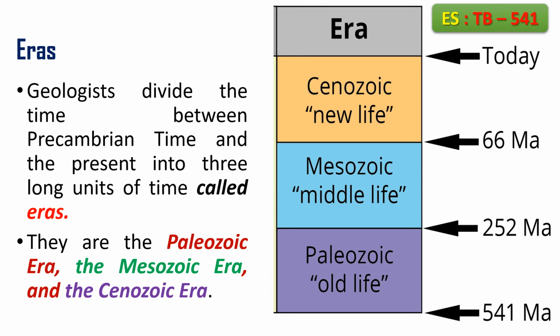Paleozoic means old life. It's around 541 million years ago. Mesozoic era means middle life, around 252 million years ago. Cenozoic era means new life, around 66 million years ago.